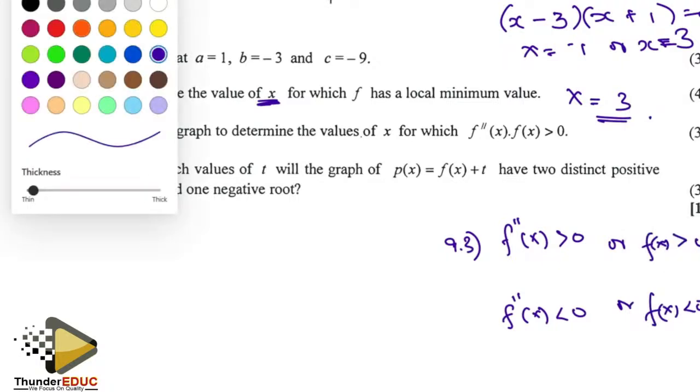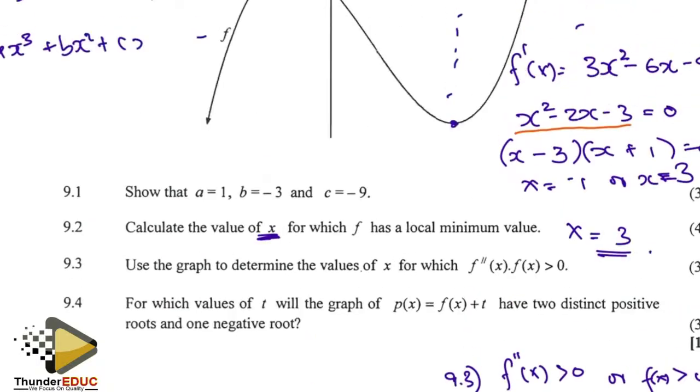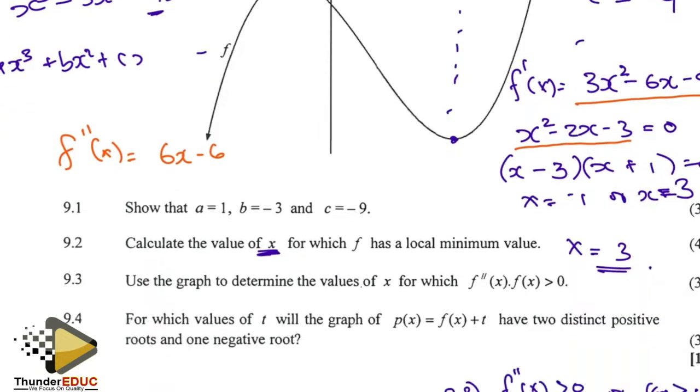Now, where do we find those scenarios? We already have the first derivative to be 3x squared minus 6x minus 9, and our second derivative is going to be 6x minus 6.